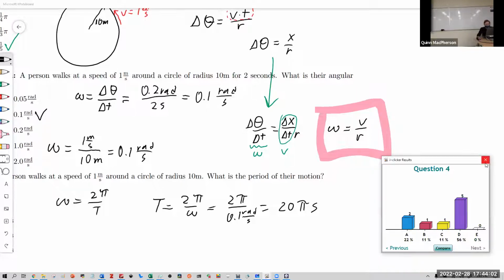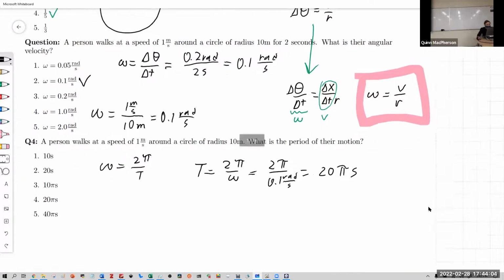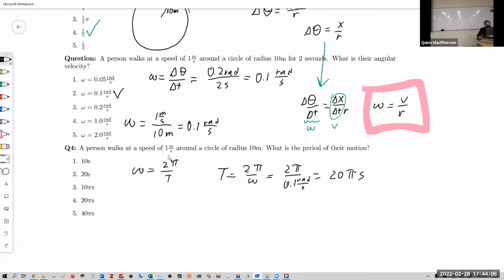So it's 20 pi seconds. So that's one way of thinking. Another way of thinking about this: we're walking at a speed of 1 meter per second around a circle of radius 10 meters. How far is it around the circle? Yeah, the distance around the circle is 2 pi r. Our velocity is 1 meter per second.